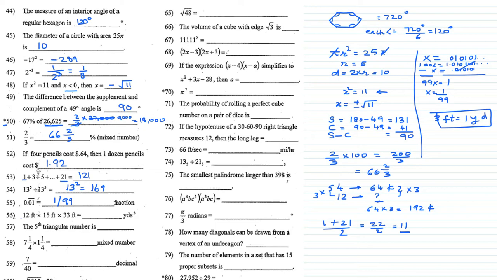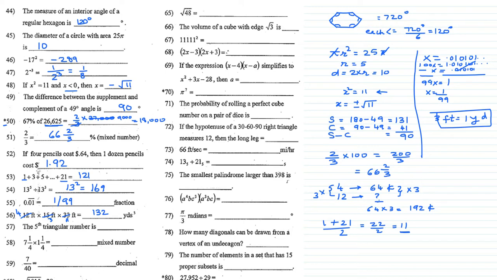So 12 feet is equal to 4 yards. 15 feet is equal to 5 yards, and 33 feet is equal to 11 yards. So the question is 4 times 5 times 11. So 4 times 5 is 20. 20 times 11 is 220. So the answer is 220 yard cube.